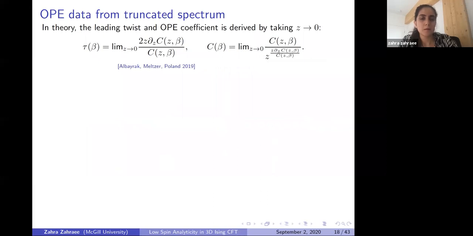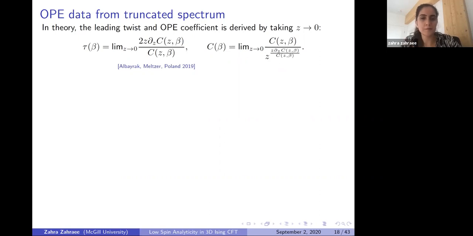Okay. Now, once we have the generating function, since it had this power law behavior with tau, then we can extract tau beta by taking Z goes to 0 limit of the generating function. By taking the derivative, that would give you just the exponent. And then the C beta can be derived by just taking the generating function and eliminating the Z dependence.